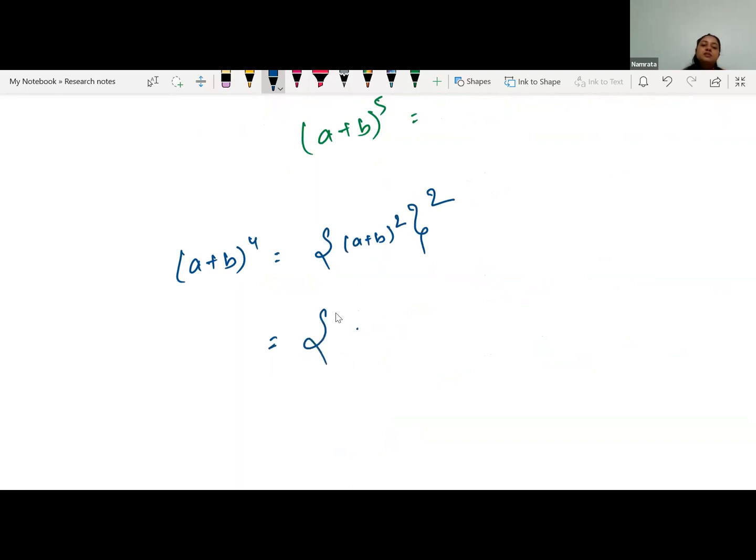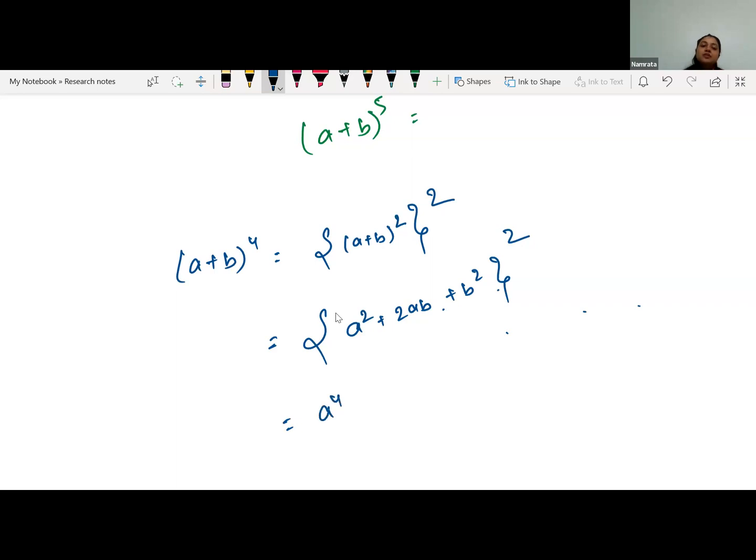Let's expand it: a square, 2ab, b square, and that's power 2. If we do (a plus b plus c) whole square, what will we get? a square, b square, c square, ab, bc, ca, right? Yes, ma'am. Twice ab, twice bc, twice ca, right?